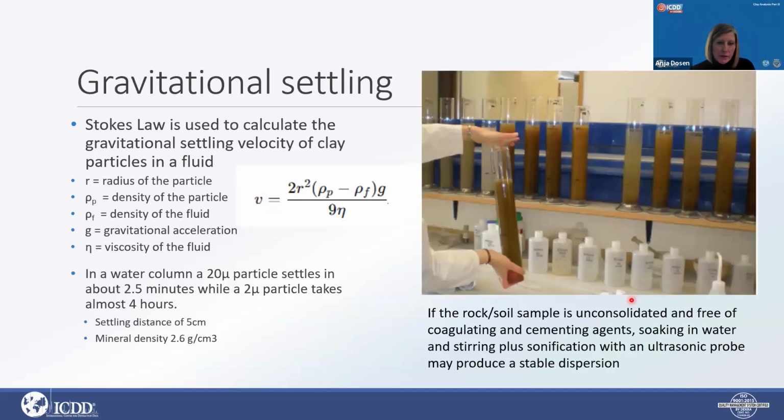So this is gravitational settling. As you can see, all of these settling tubes contain different clay-rich samples. Gravitational settling follows Stokes' law. It depends on the radius of the particle, the density of the particle, and the density of the fluid.